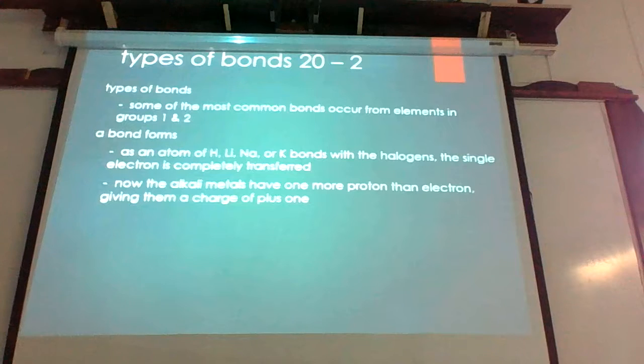But what type of positive charge? When we say what type, we mean how many. Yeah, comes from right there. The single electron is completely transferred.